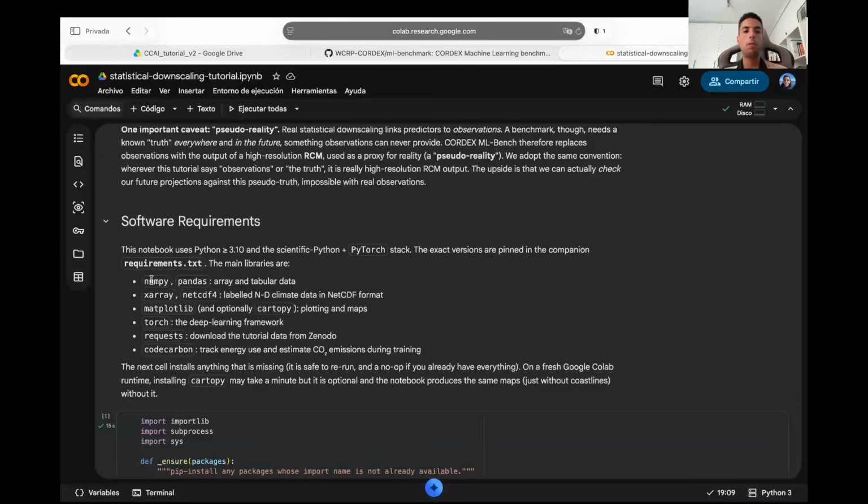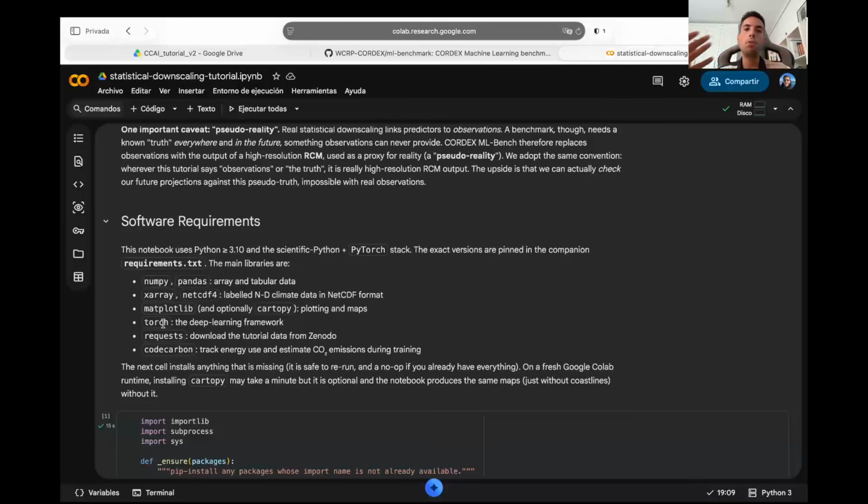For the deep learning models, I will rely on PyTorch, which I think is the standard regarding deep learning research. So I guess most of you are familiar with it. If not, again, you don't have to worry because the code is abstracted.